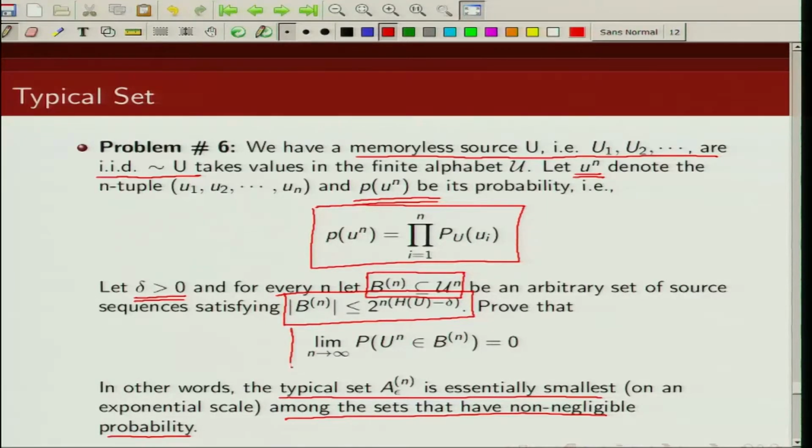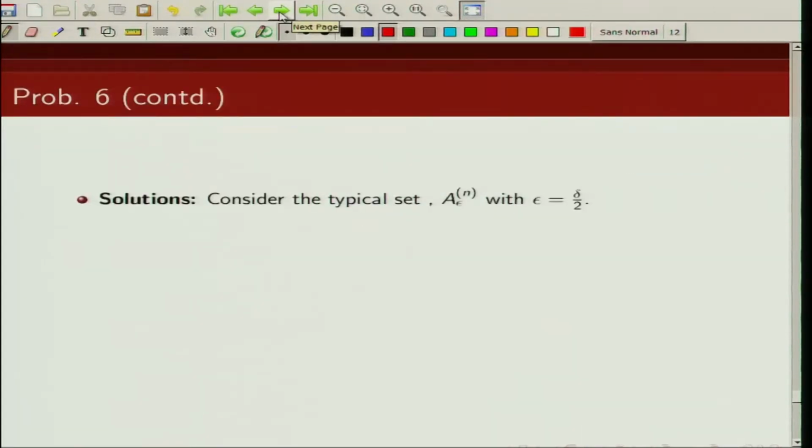Then we want to show that as n tends to infinity, the probability that u^n is in B^n goes to 0, which essentially will show that the typical set is essentially the smallest set which will have non-negligible probability of occurrence asymptotically, when n goes to infinity. So let us prove this.